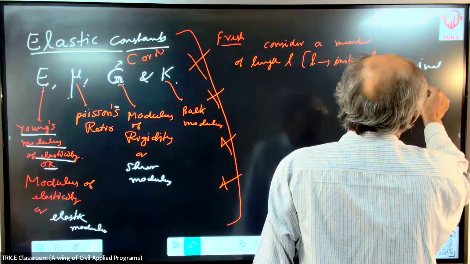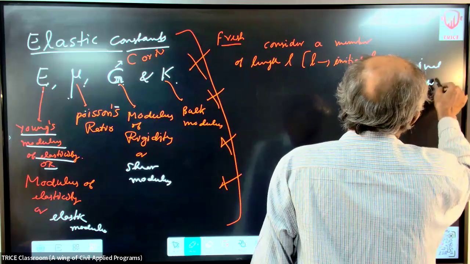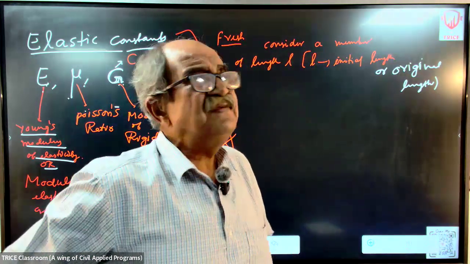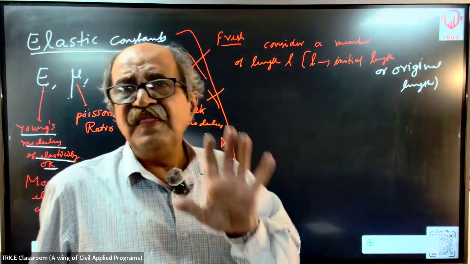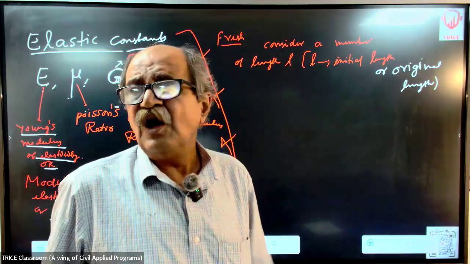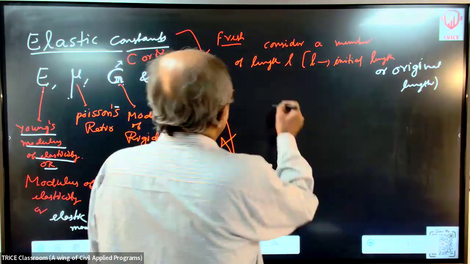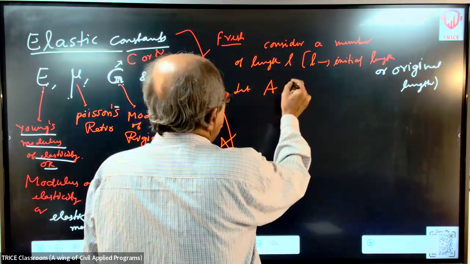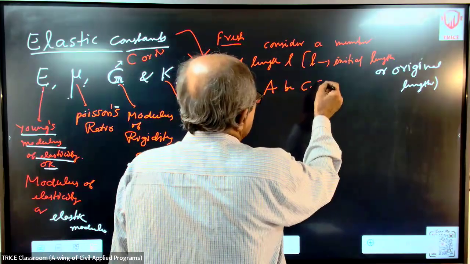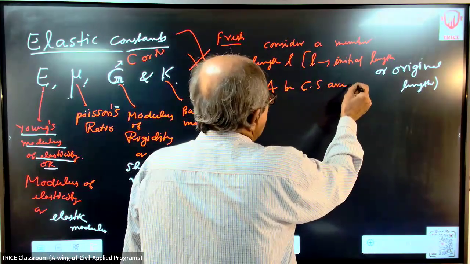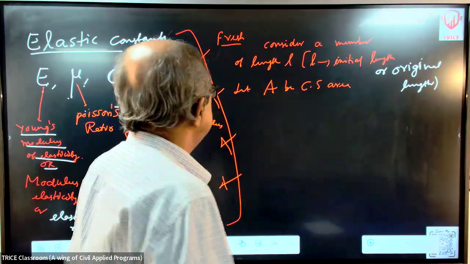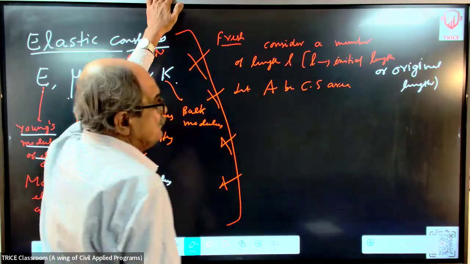So consider a member of length L means length L is initial or original length. Then let capital A be cross-sectional area.